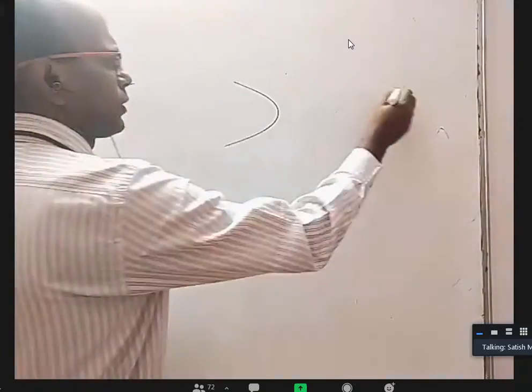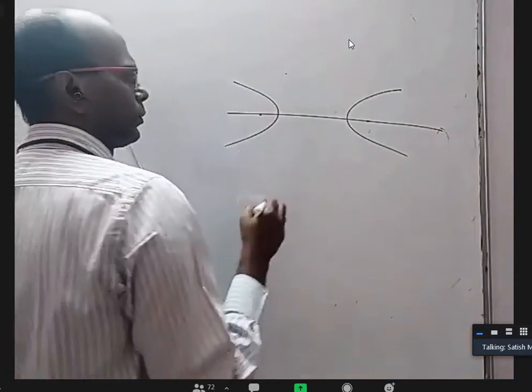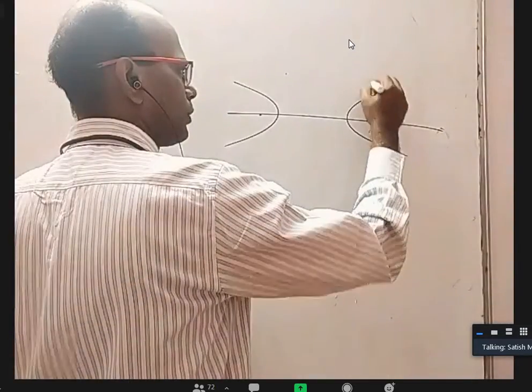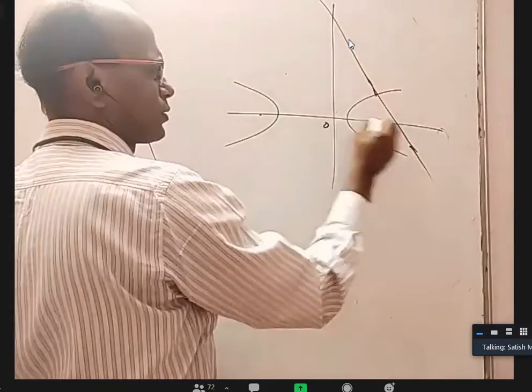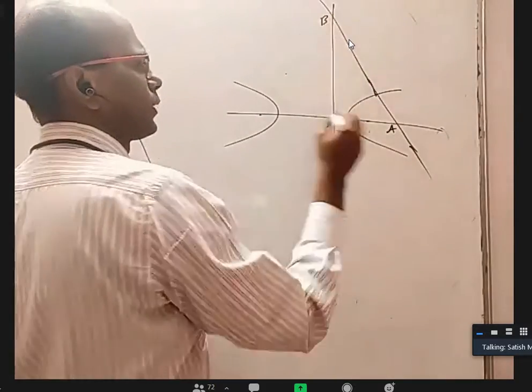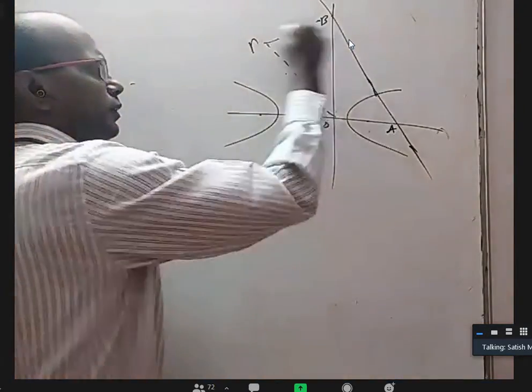Okay, we have some hyperbola, and if you take the normal like this, this is O, this is A, this is B. So if you want the parallelogram, it is like this, OA, BP, right?